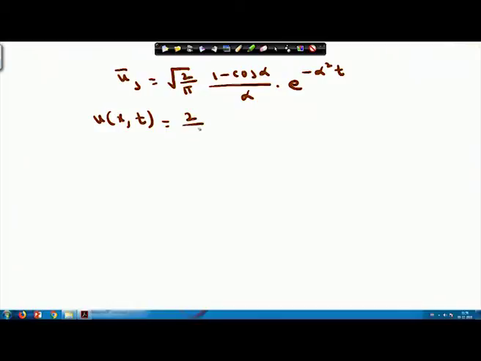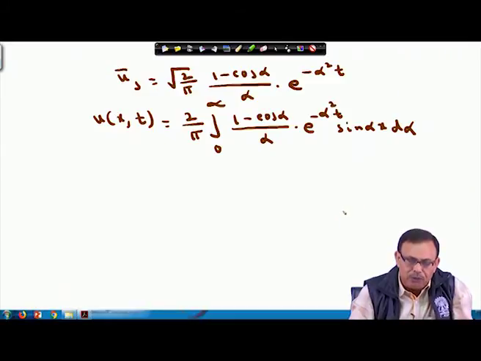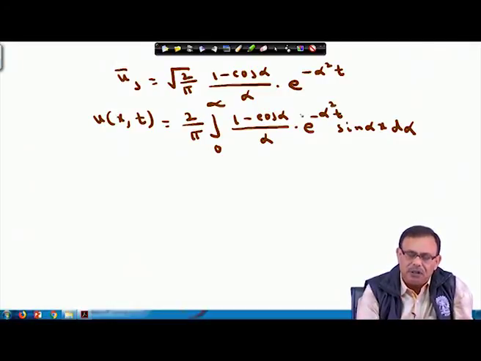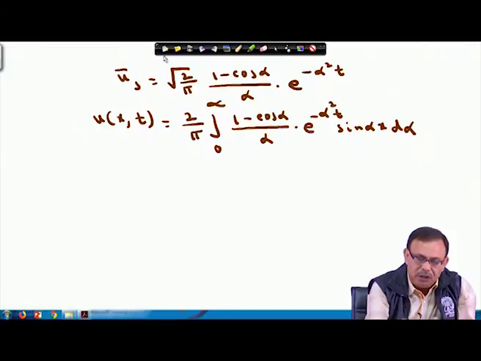It will be root over 2 by pi, integral 0 to infinity, 1 minus cos alpha by alpha into e power minus alpha square t into sine of alpha x d alpha, and you can evaluate this integral and obtain the result. As I have told you earlier, we are leaving this integration part, which you can do on your own. So the third part becomes u x t equals this particular integral.